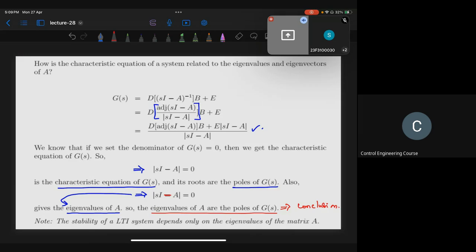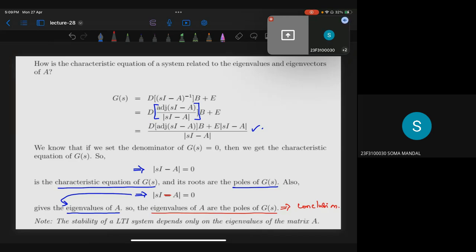Any doubt? Based upon the eigenvalues, we can directly characterize the stability of the system, whether the eigenvalues are negative or positive, that is, whether they are on the left-hand side or right-hand side of the j omega axis. Any queries?